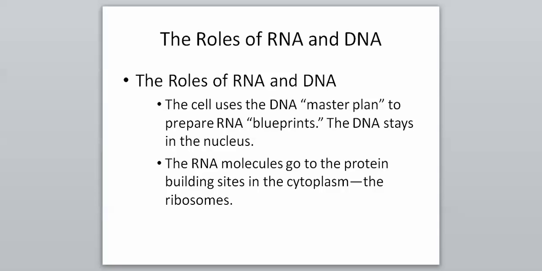It doesn't go out and make proteins itself, so it sends RNA to go make them. The RNA molecules go to the protein building sites in the cytoplasm, which are our ribosomes. That's a pretty good analogy to use here.